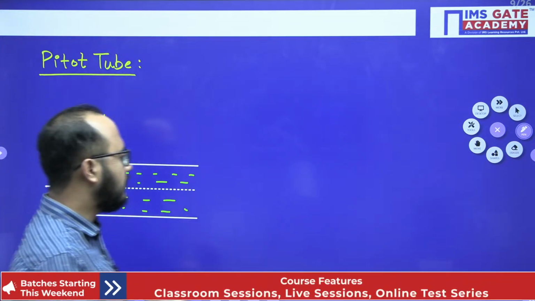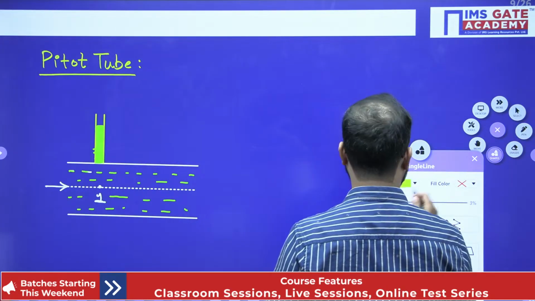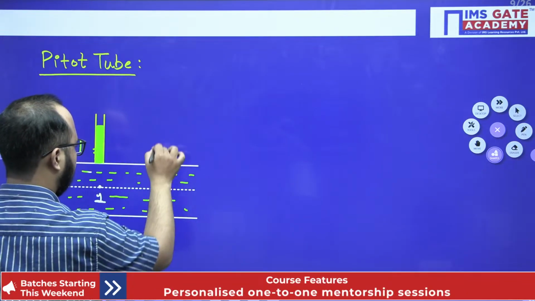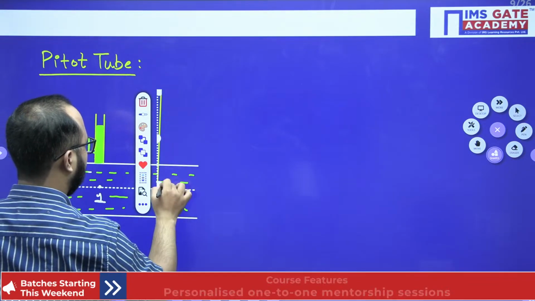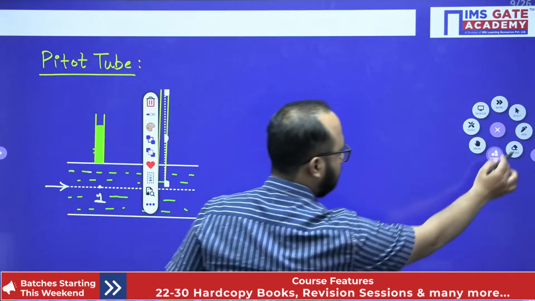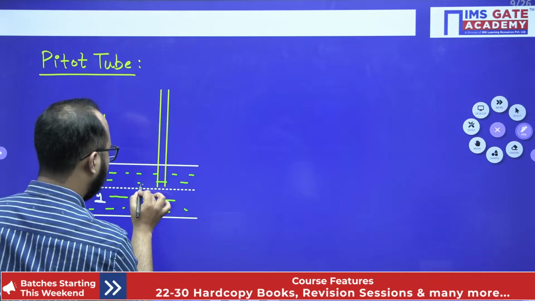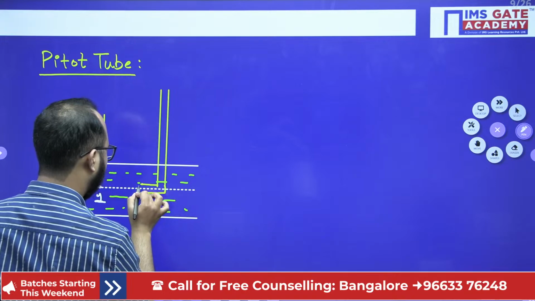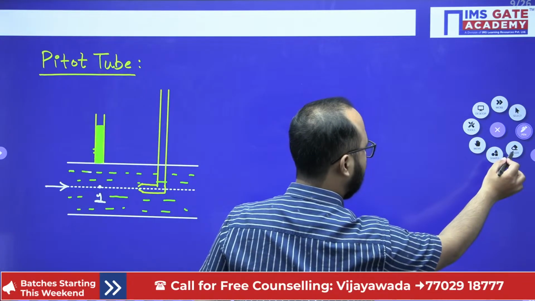Now, the second thing is the Pitot tube we are having. Now I will tell you how the Pitot tube will look. Now try to understand a very important point.